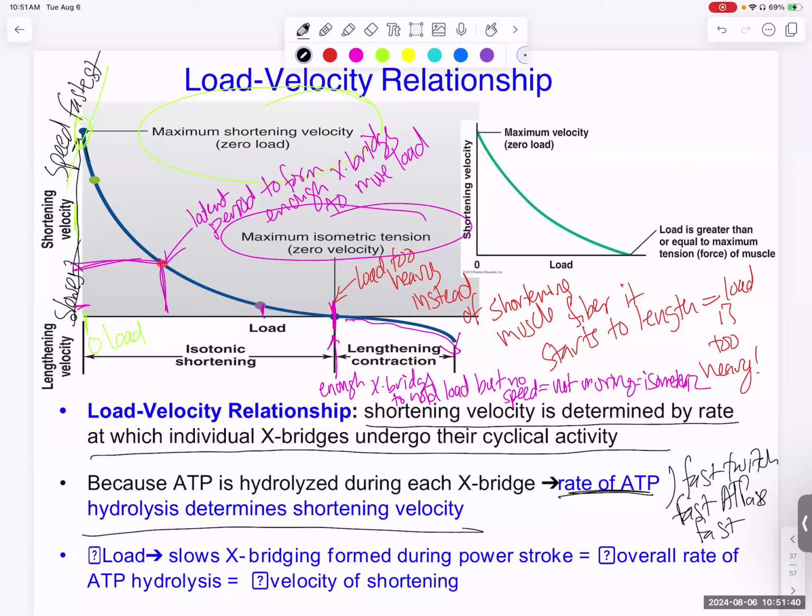It can move the load a little bit faster. So faster velocity. So different muscle fiber types also have a different velocity. As load increases, it's slowing the cross bridges and slowing the power stroke. And so it slows down that rate and it's going to slow down the speed at which it can shorten.